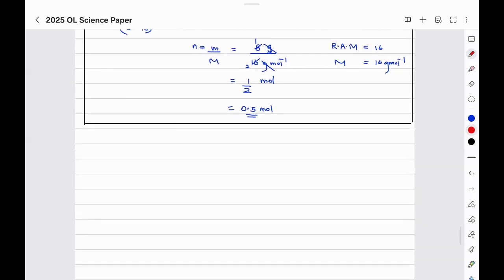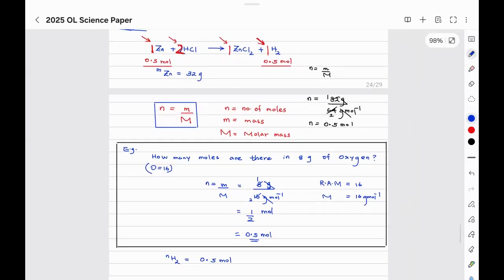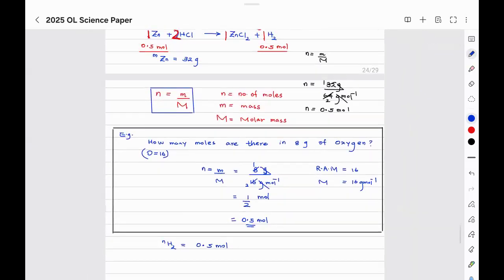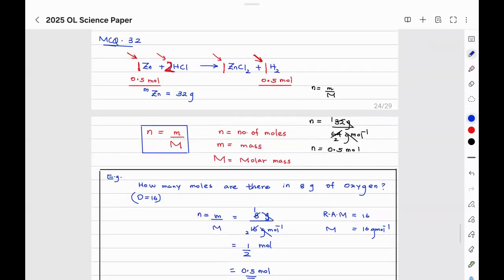Then we have obtained the number of moles of hydrogen, 0.5, according to this calculation. Better you do this calculation. Please do the calculation. Take your time, and if you have any doubts, ask.